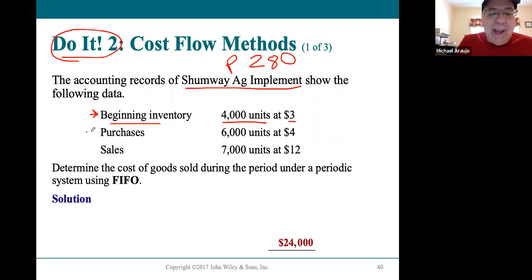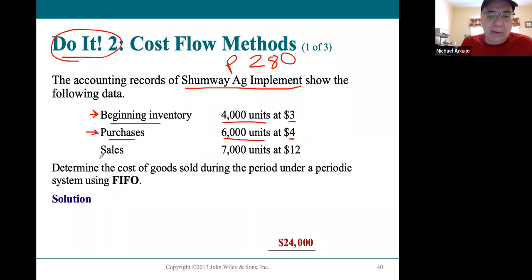Then we add all the purchases that the company has made, adding to this inventory. And as you see here, it's listed all in one group. 6,000 units were purchased at $4, okay? So what's the total amount of inventory for sale?